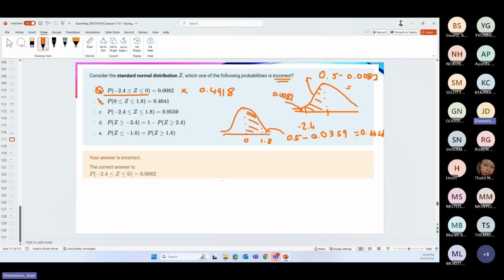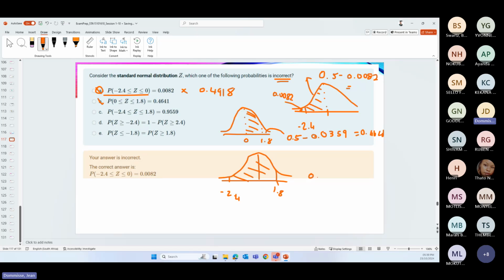Now they want the next one. You have all the information already for that third question, because now they want you to say, what is it between 1.8 and minus 2.4? So it is basically that component plus that component.